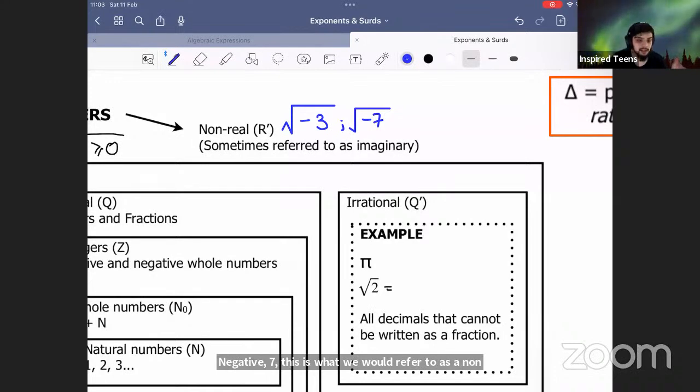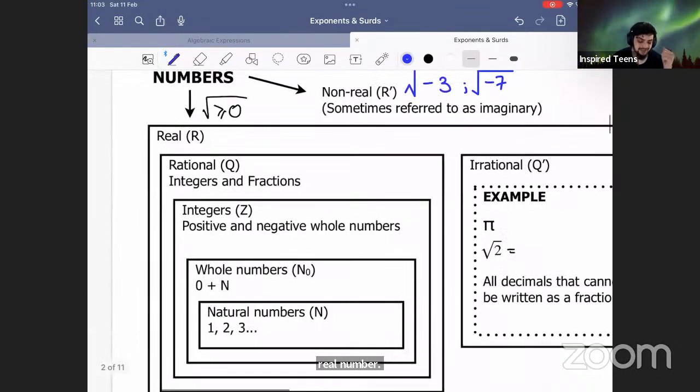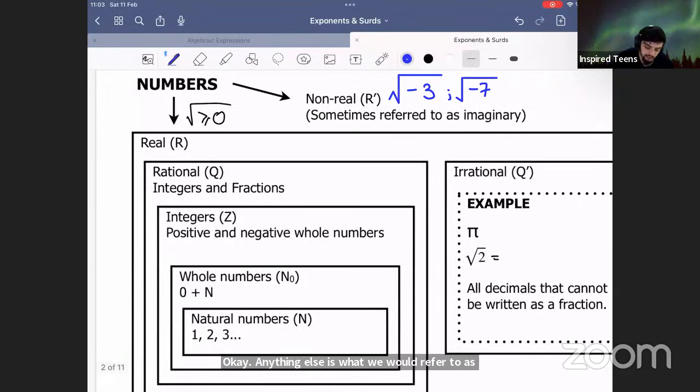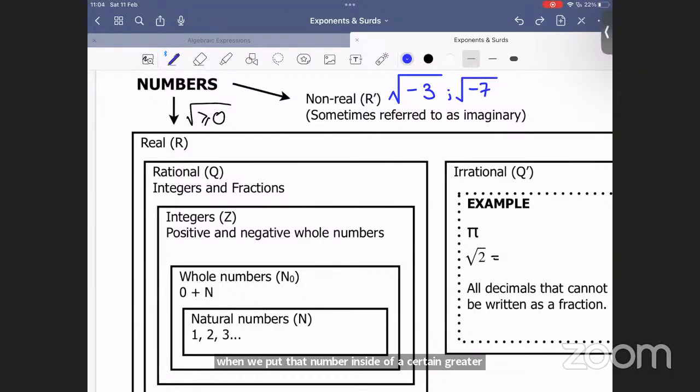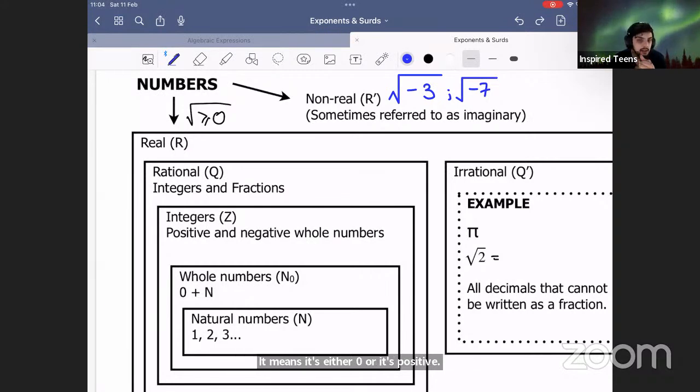Anything else is what we would refer to as a real number. Whenever the value inside of the root is greater than or equal to 0, so it's either 0 or positive, that is referred to as a real number.